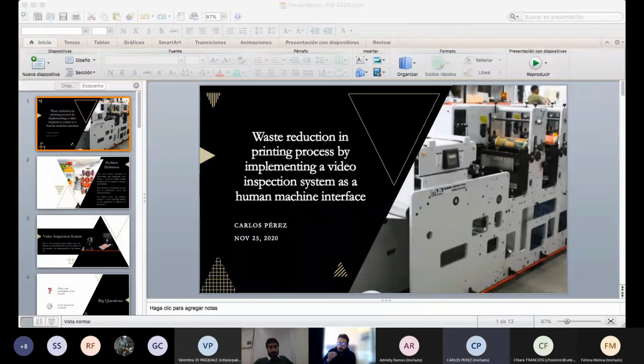And as a solution to reduce this waste, Carlos, I'm sorry to interrupt you again, but we still see your first slide. I don't know if Vittorio can confirm that, but I still see the title, the first slide. Yes, I confirm. We can. And I think you may want to take some minutes to figure out your problem, and we can go ahead with the second presentation, and then we will call you back after the first presenter, if that is okay. I don't know what the problem is, but I'm sharing the PowerPoint, and I don't know what's going on.